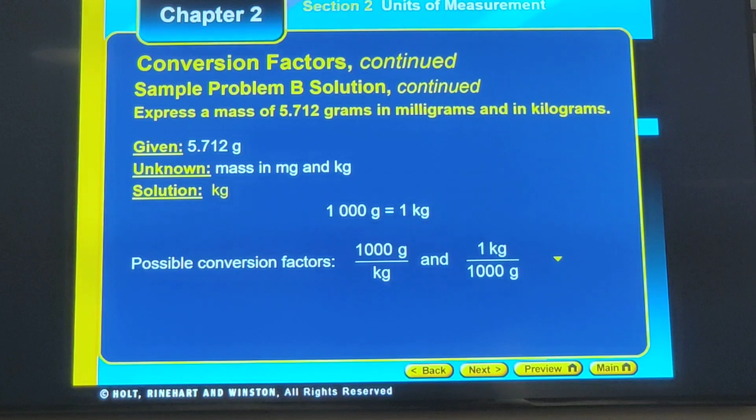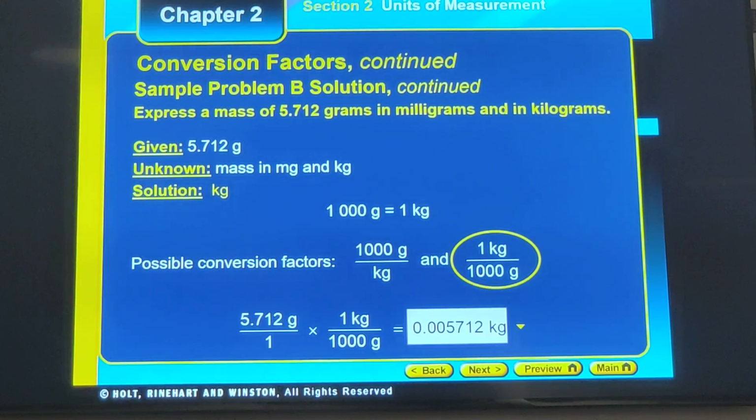So here, like if I was changing grams into kilograms, then again, my grams has to be on the bottom, and kilo means 1,000, so 1 kilogram equals 1,000 grams.